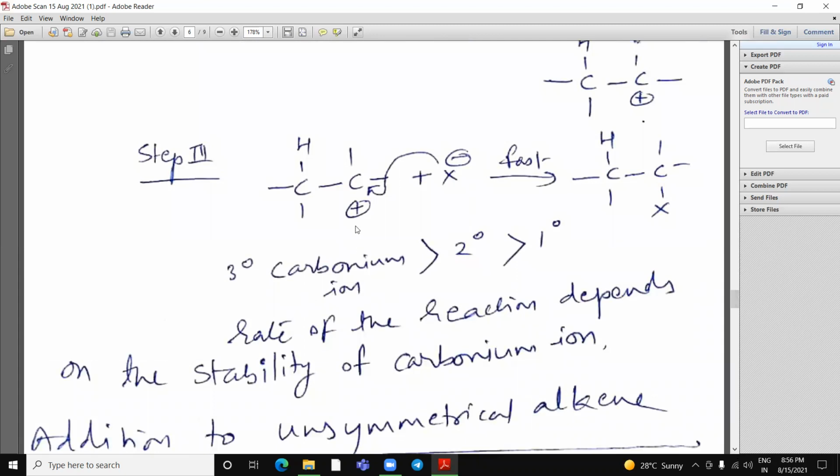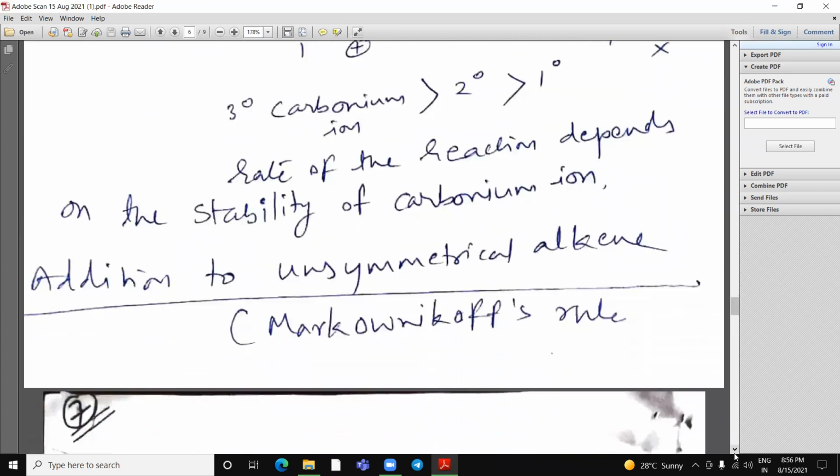In next step, this carbonium ion will react with the halide, and it will give this addition product. The reactivity order of carbonium ion: tertiary carbonium ion is more stable, then secondary, then primary. The rate of the reaction depends on the stability of carbonium ion.